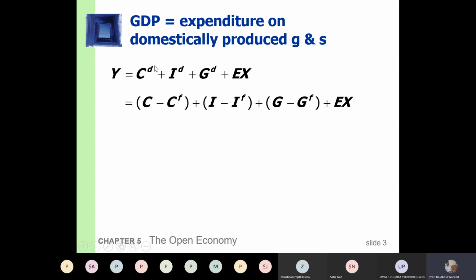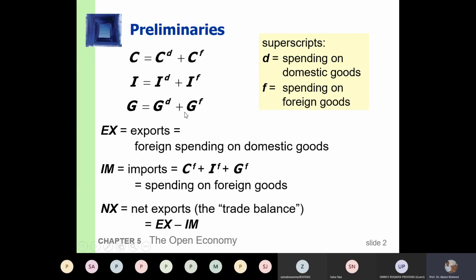Now this CD would be equal to C minus CF. Why? Because C is CD plus CF, spending on domestic goods plus spending on foreign goods. So if I want to know CD, it is C minus CF. Same, ID would be equal to I minus IF. When you bring this to the left hand side, it will become minus IF.